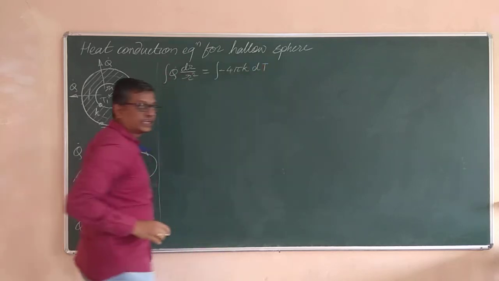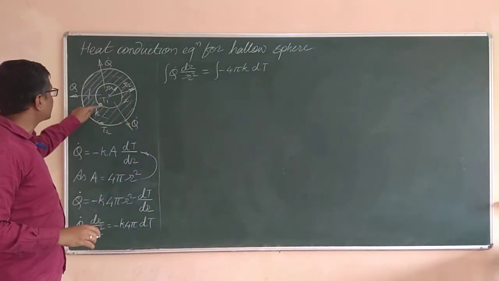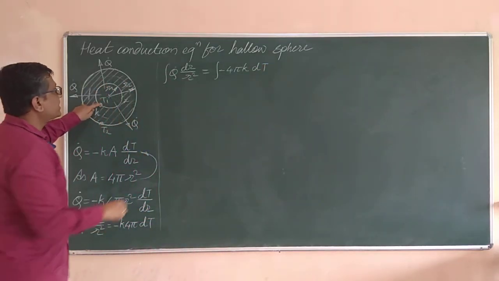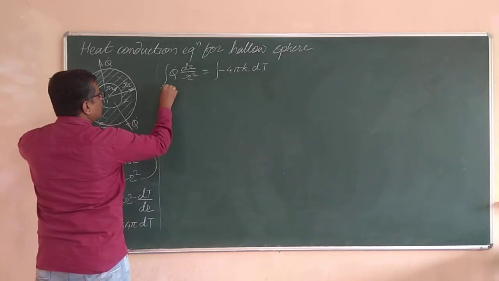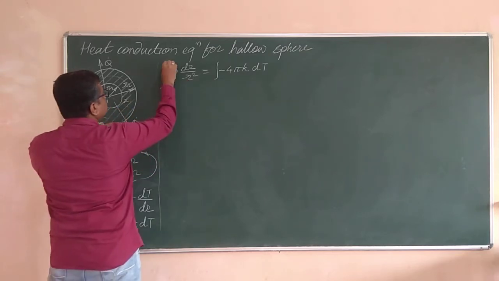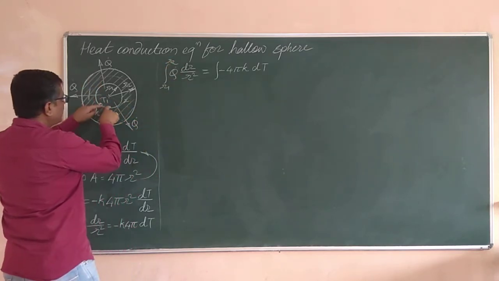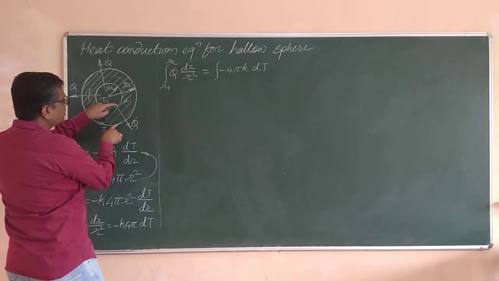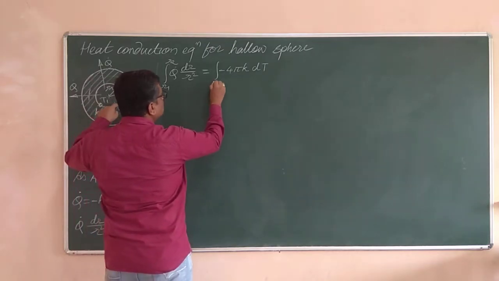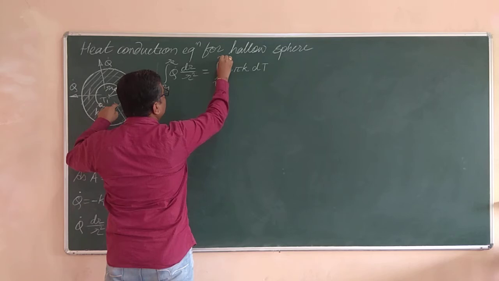And what are the limits for the integral? For the radius, r is changing from r1 to the outer surface, r2. And while you are going from R1 to R2, temperature is changing from T1 to T2. So the limits for the temperature are T1 to T2.